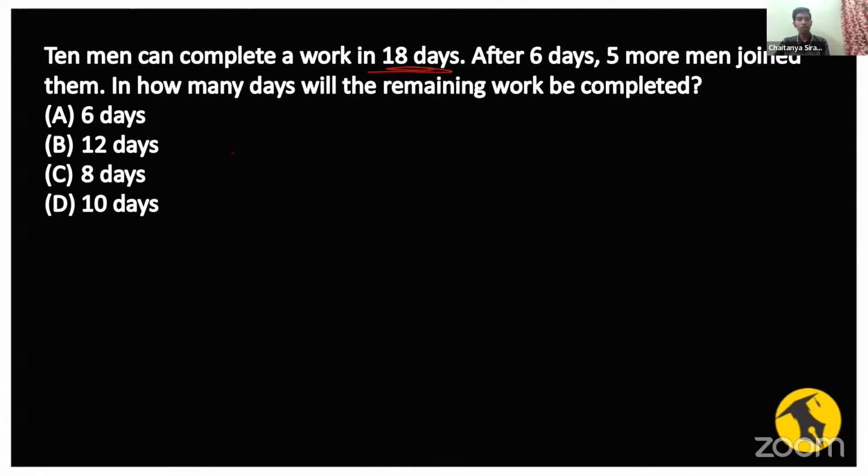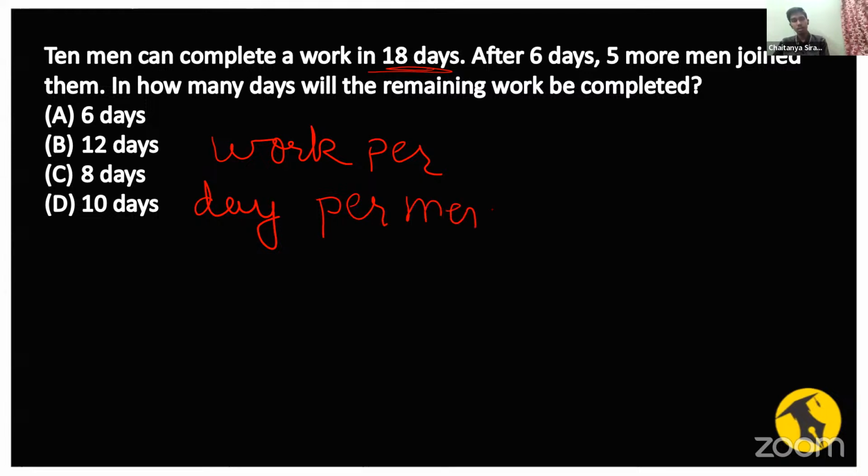So what's the work efficiency per day per man? It is 1 upon 18 into 10. For 18 days, 10 men do 1 by 18th work? Sorry, 10 men do the whole work, so one man does 1 upon 18 into 10, so 1 by 180th work.